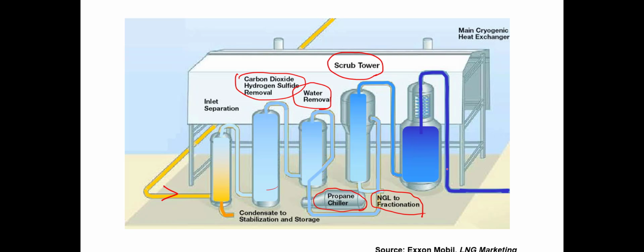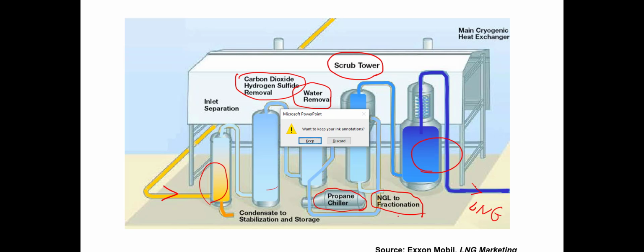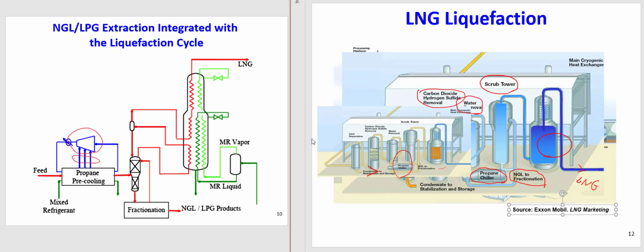And after that, to the main cryogenic heat exchanger, where you have your LNG at the end. So from high temperature to low temperature, this is the main message of this slide.